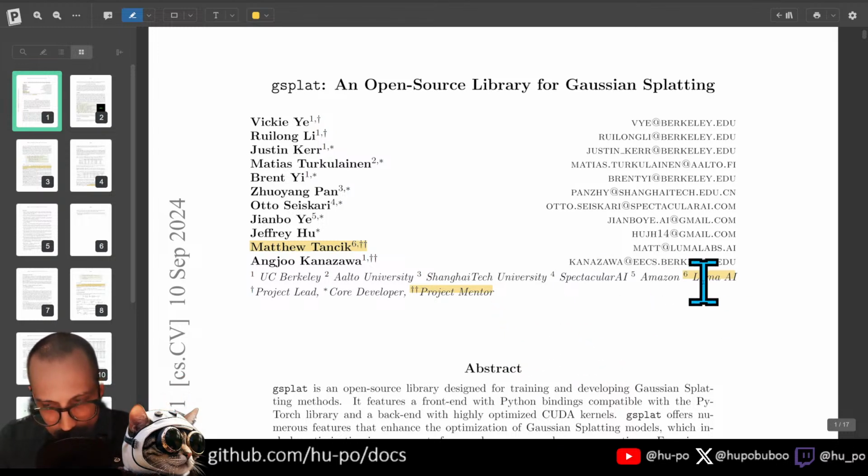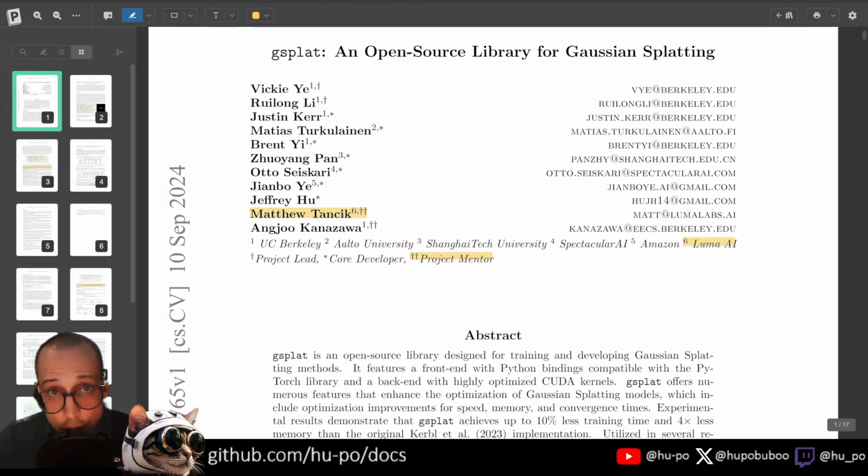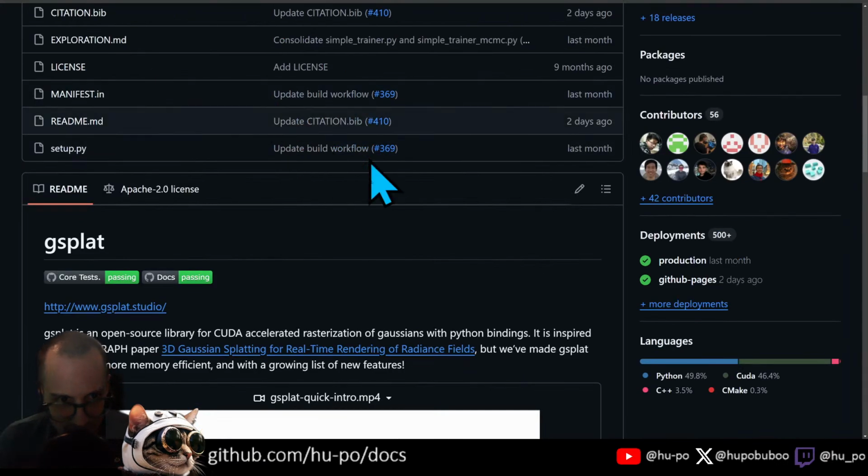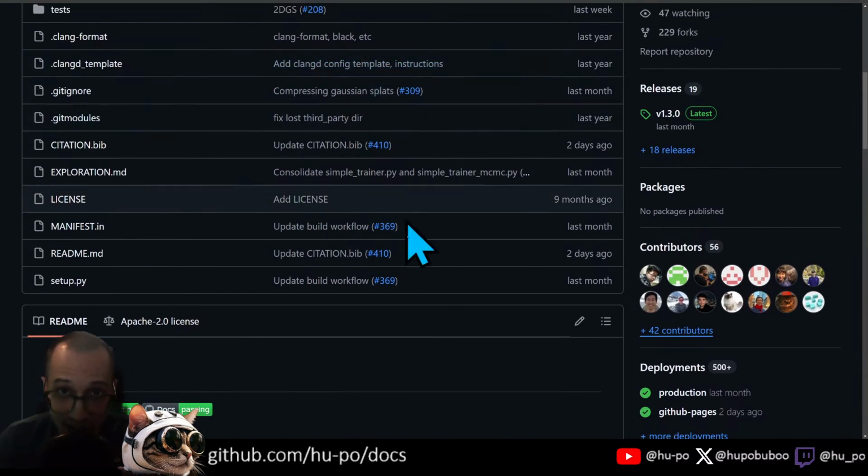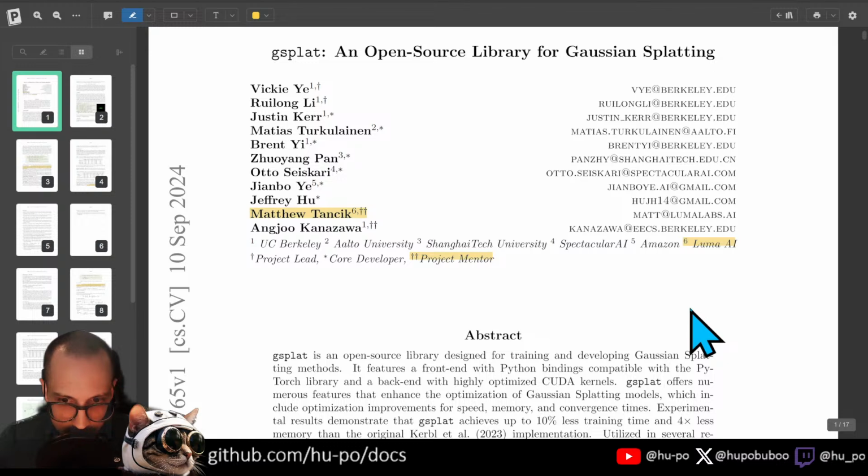But the people at Luma were smart enough to be like, hey, if we release an open source implementation of this, it's actually going to benefit us, because the more people that can use and modify and do science with Gaussian splats, the faster this entire field is going to progress. And the faster the field progresses, the more people are going to use Gaussian splats over other types of 3D representations. And the more people use Gaussian splats over other 3D representations, the more our startup is going to grow.